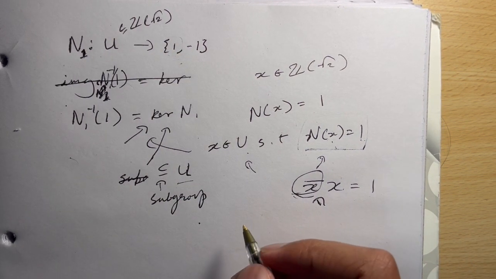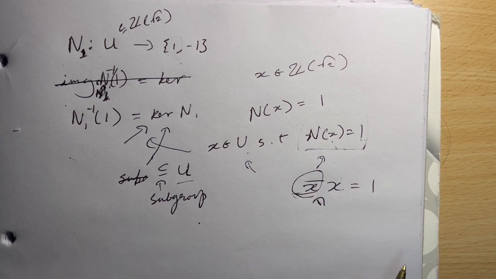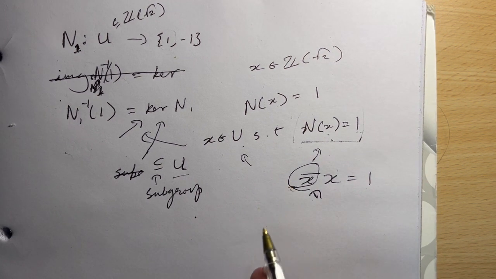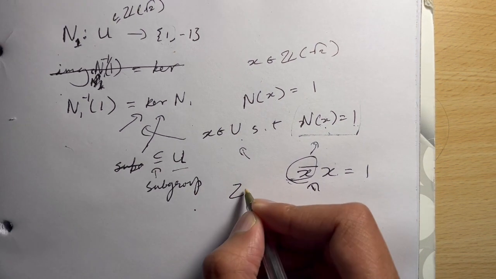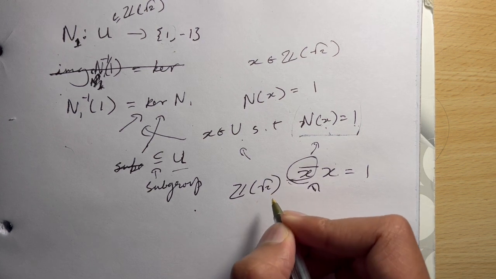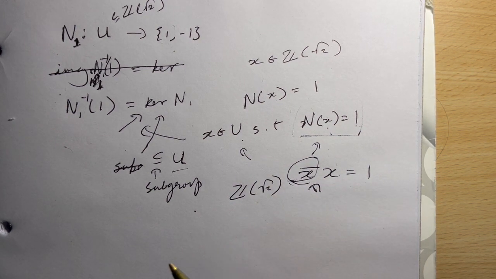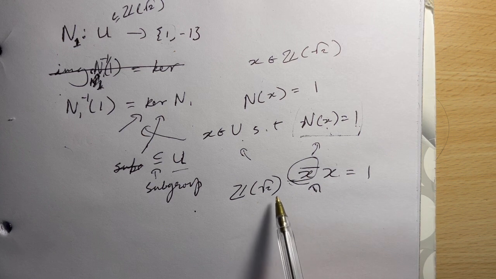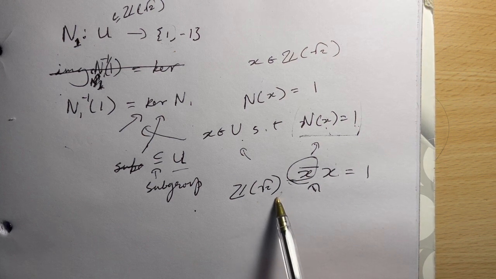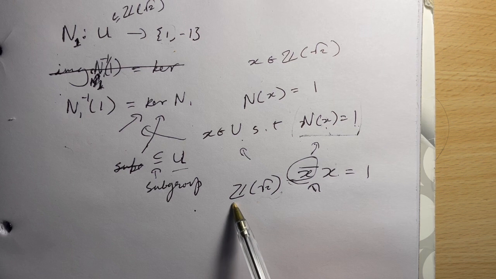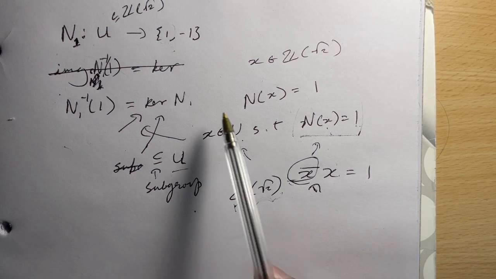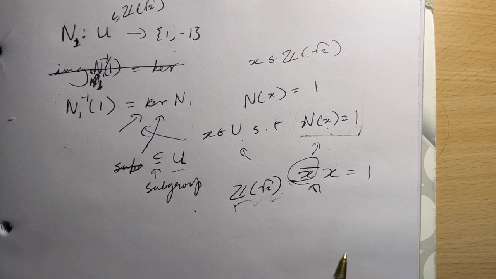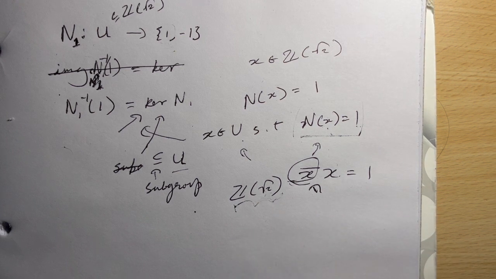Wow, just from considering Z adjoin root 2, we've been able to show that this is a subset of the units, and not only that, it's actually a subgroup of the units of the ring Z adjoin root n.